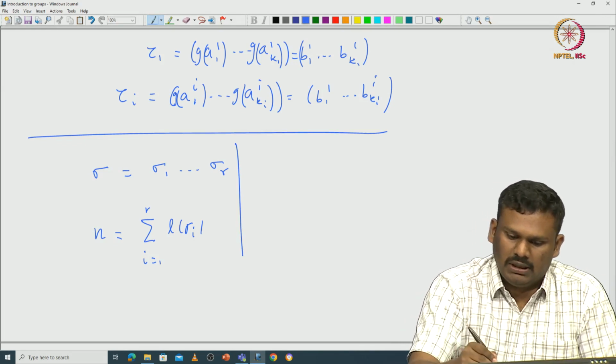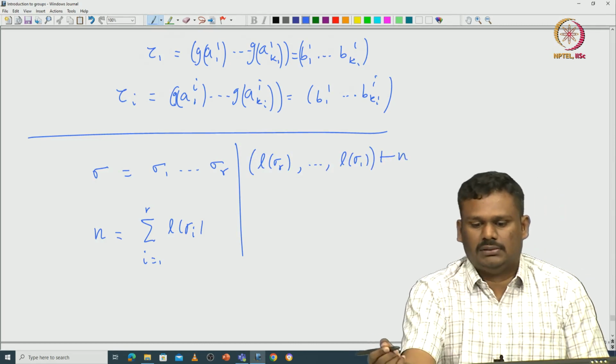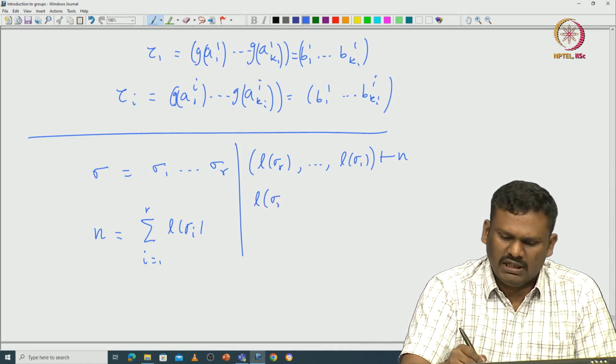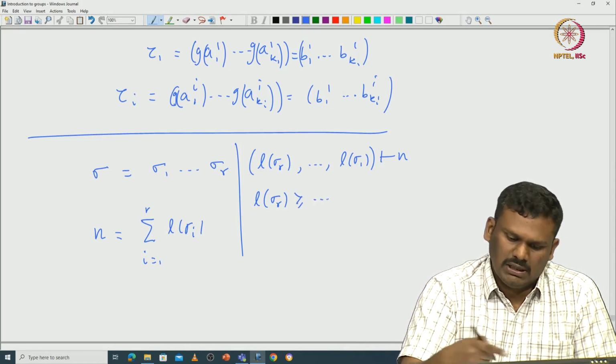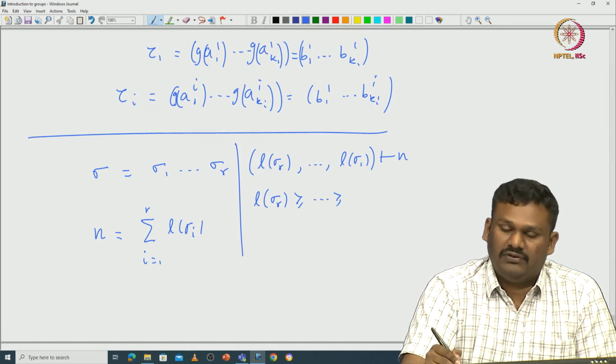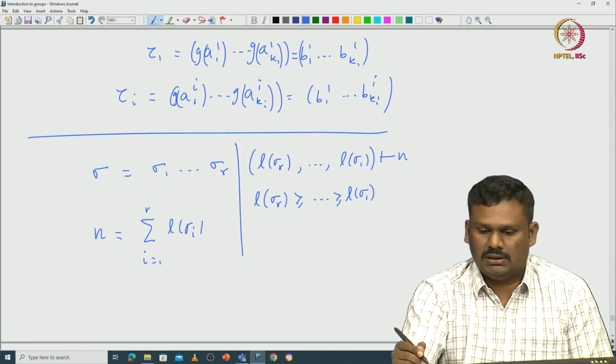So in particular I can take the lengths of sigma r and so on, down to the length of sigma 1. This is going to be a partition of n, because from this construction we always assume that the length is increasing along the order sigma 1 up to sigma r. So the length of sigma r is going to be the largest and the length of sigma 1 is going to be the smallest.